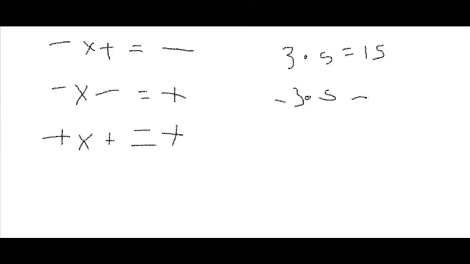8 you can do. I guess when it comes to multiplication, what you need to remember is negative times a positive is a negative. Negative times a negative equals a positive. And a positive times a positive is a positive. So for number 8, if we have 3 times 5, it's going to be 15.